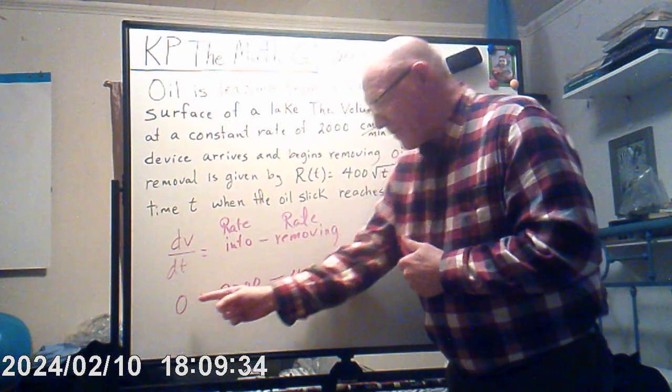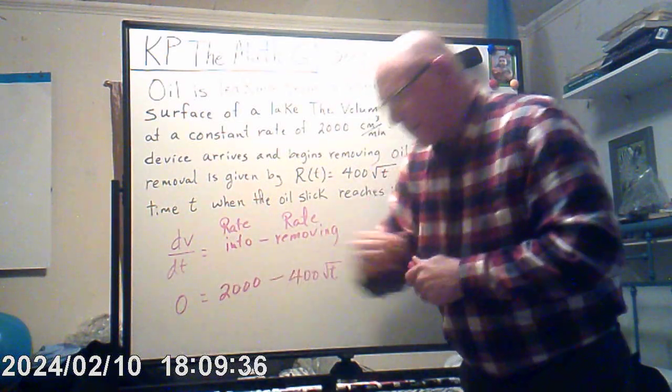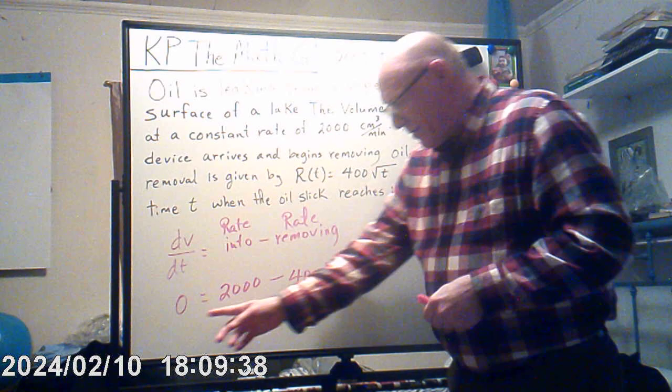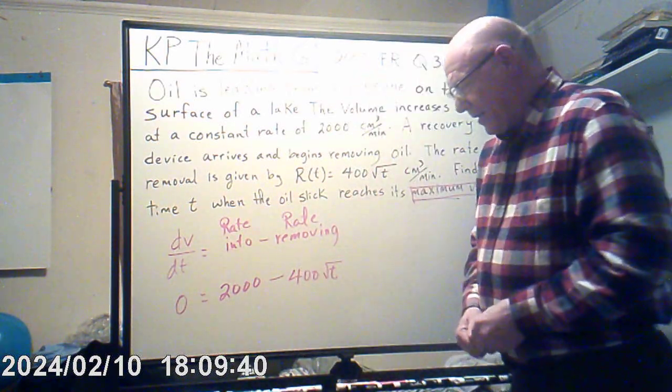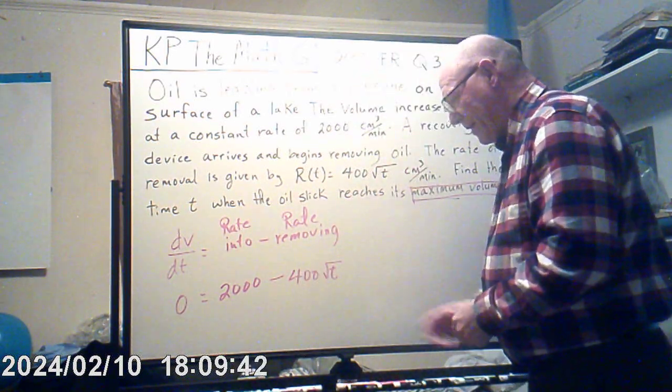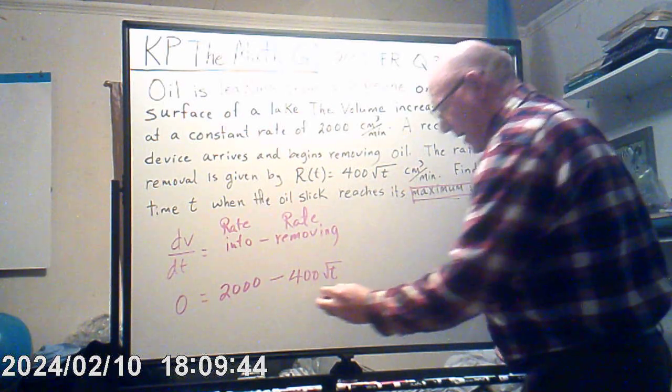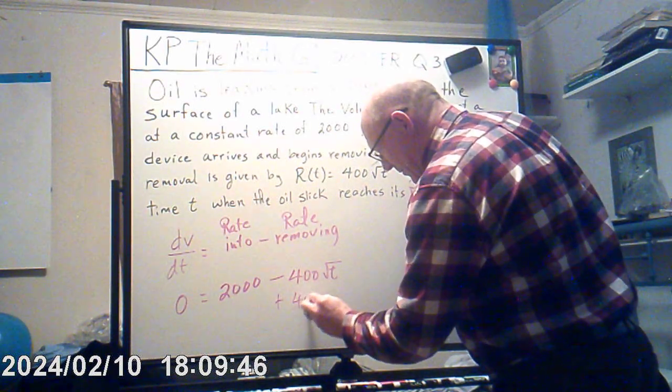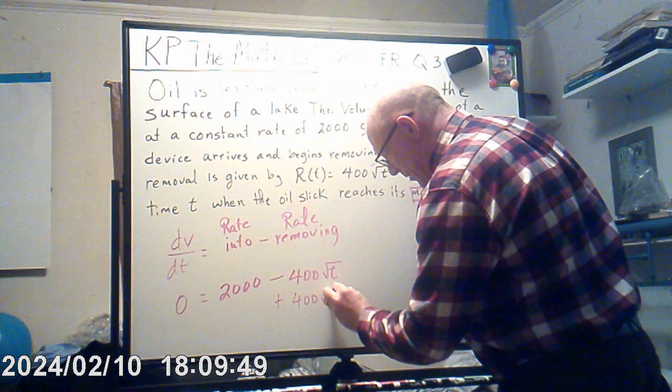This rate, if it's a max or even a min, we would have to set equal to 0. Well, I want to solve this. Let me bring this over to the other side. So plus 400 times the square root of t.